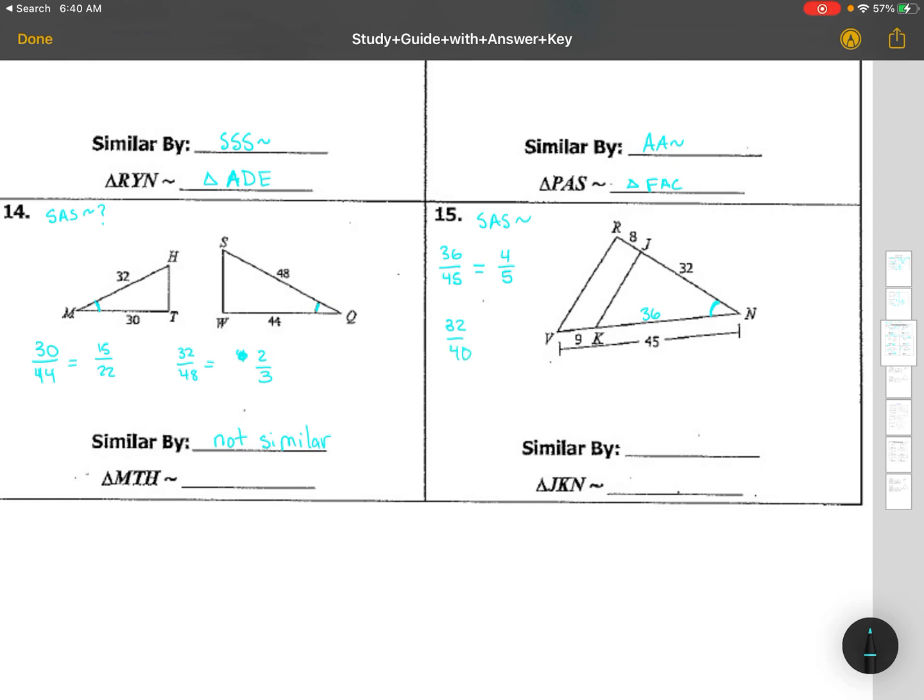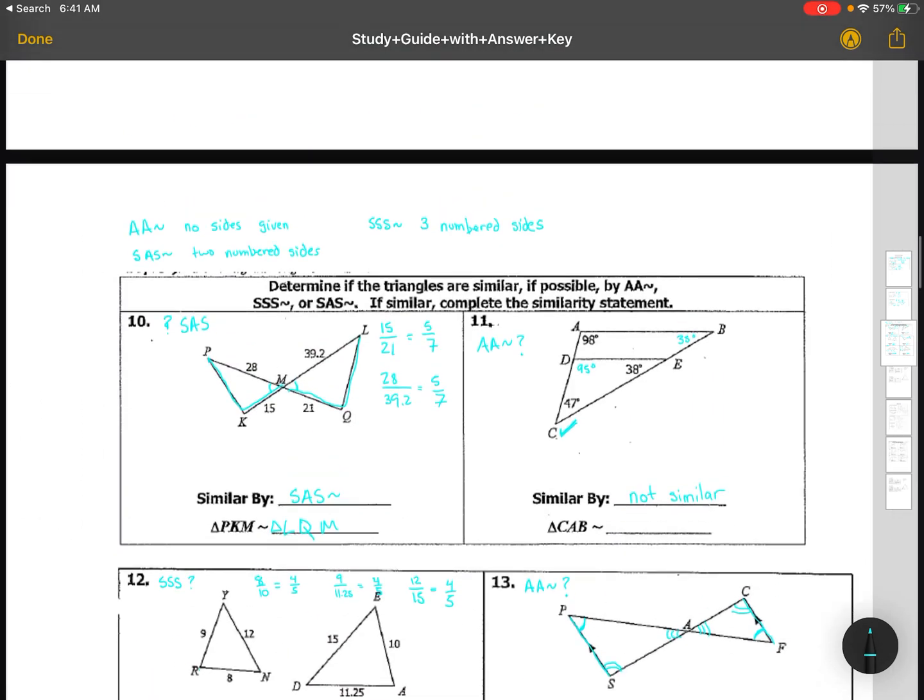And then we need to check 32 divided by 40. 8 divides into both. So that also simplifies to be 4/5. So these are similar by side angle side similarity. And that's going to mean that triangle JKN is similar to triangle RVN.